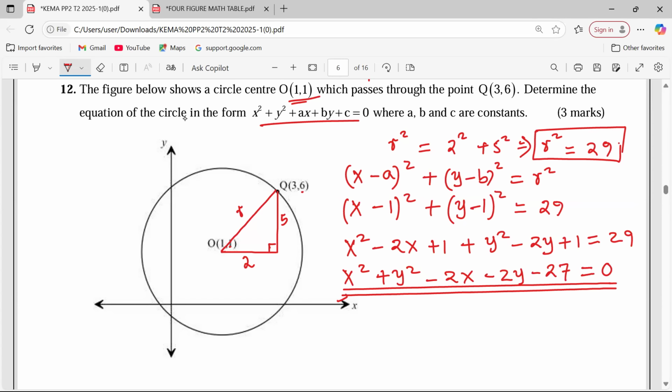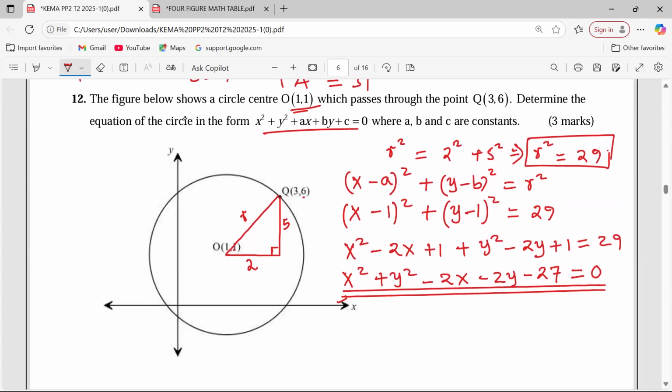You see? So this is the equation, and we have arranged everything in the format that I needed.